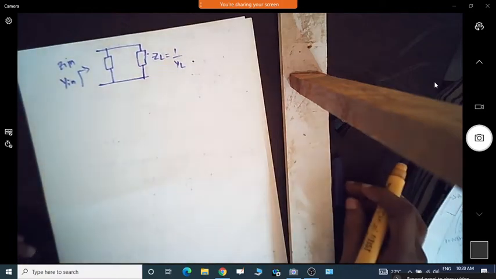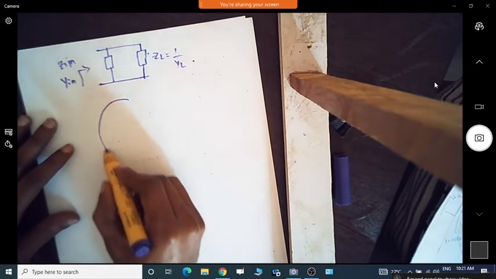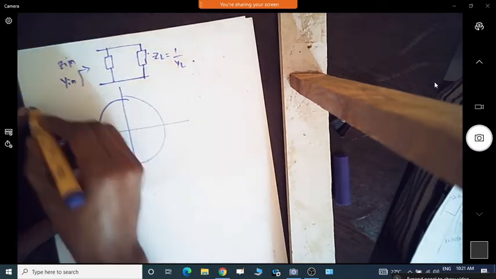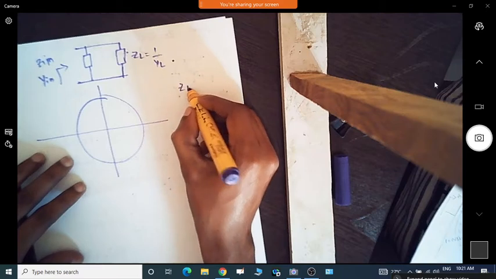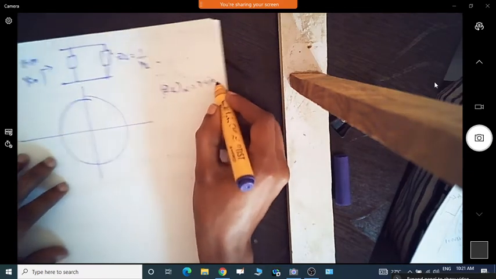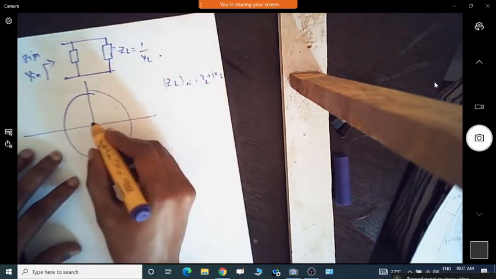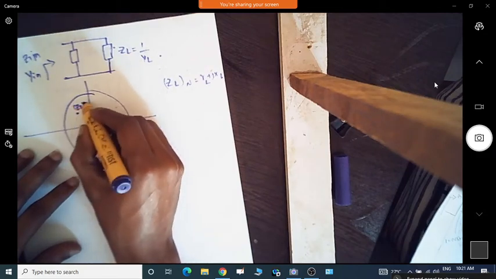Now I will write the procedure for how we can do that. In the first case, we have ZL normalized, which is RL plus jXL. Let us take that point somewhere here, that is the ZL normalized value.